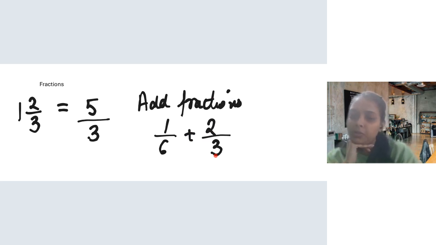How do we add these two, ma'am? Ma'am, first we need to make the denominator same. Right, and how do we make the denominator same? We can find out the LCM of the denominators and then multiply each fraction by the number to get the denominator we want.